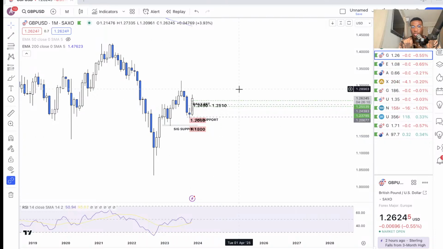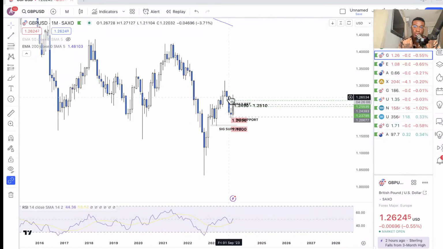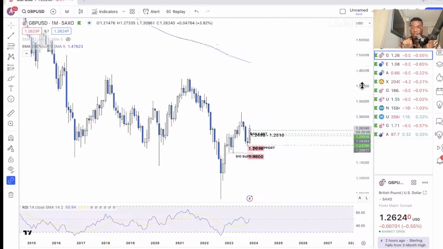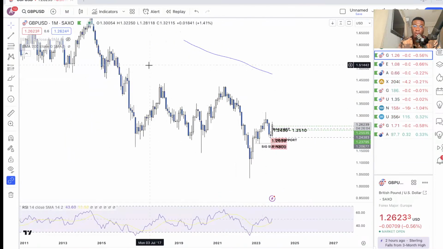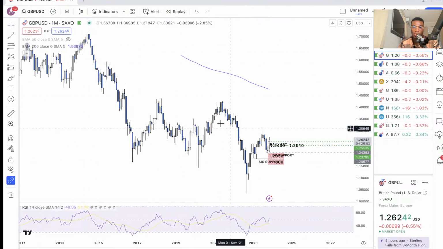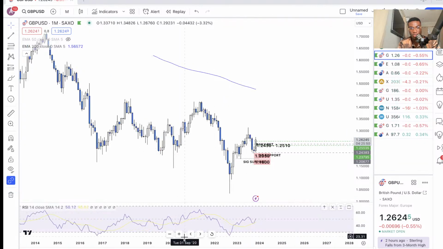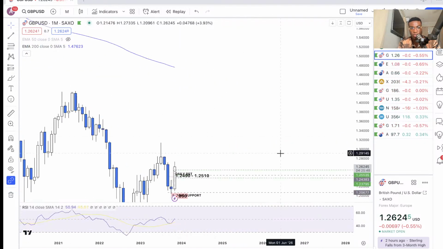If you're a swing trader, then you would need all this information, if you like to hold trades for months. We're bearish on the monthly time frame, as you can see here. This is 2014. But I don't really need all this information because I don't hold trades for months. I'm a day trader. So I'll zoom into the monthly.